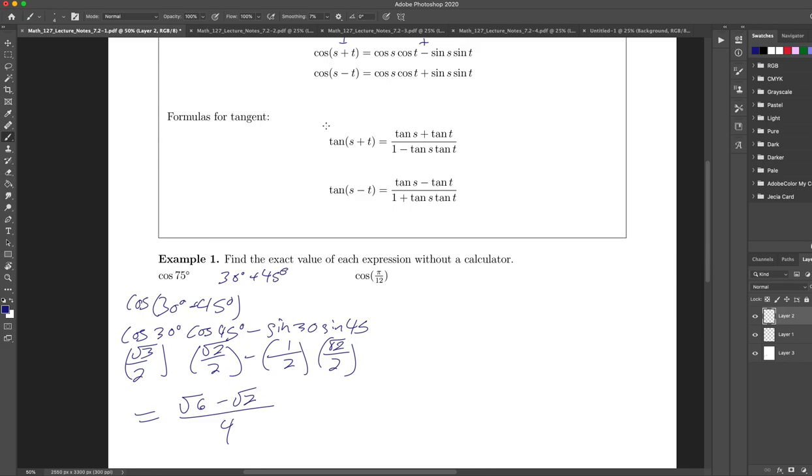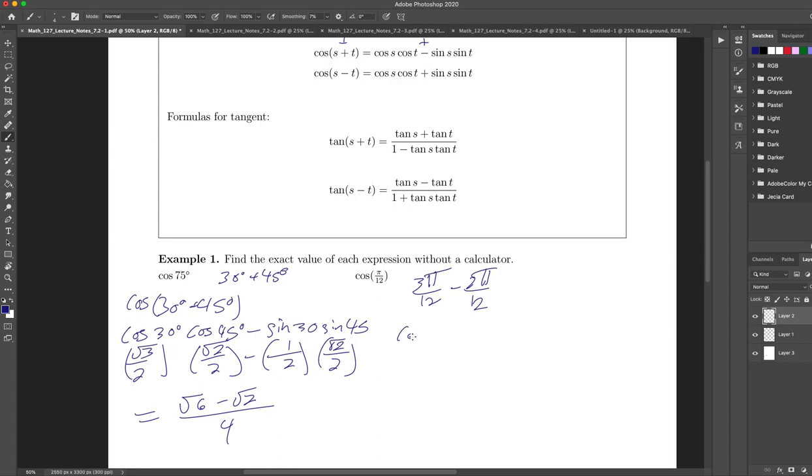And how we did that is we just split this up. Here I have pi over 12. Can I think of something that adds up to be pi over 12? Well, if you mess around in your mind for a little bit, 3 pi over 12 minus 2 pi over 12 gives me 1 pi over 12.